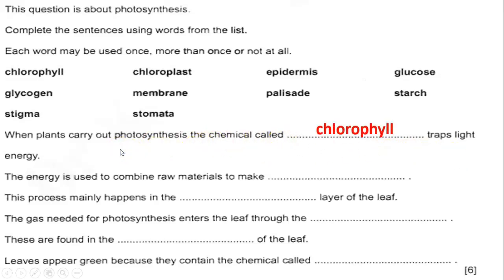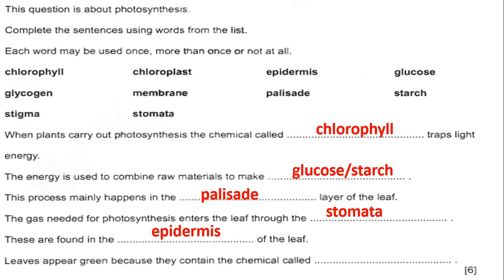Chlorophyll, of course, is the chemical that traps energy. The energy is used to combine raw materials to make glucose or starch. Both are correct. This process mainly happens in the palisade layer of the leaf. The gas needed for photosynthesis enters the leaf through the stomata. These are found in the epidermis of the leaf.